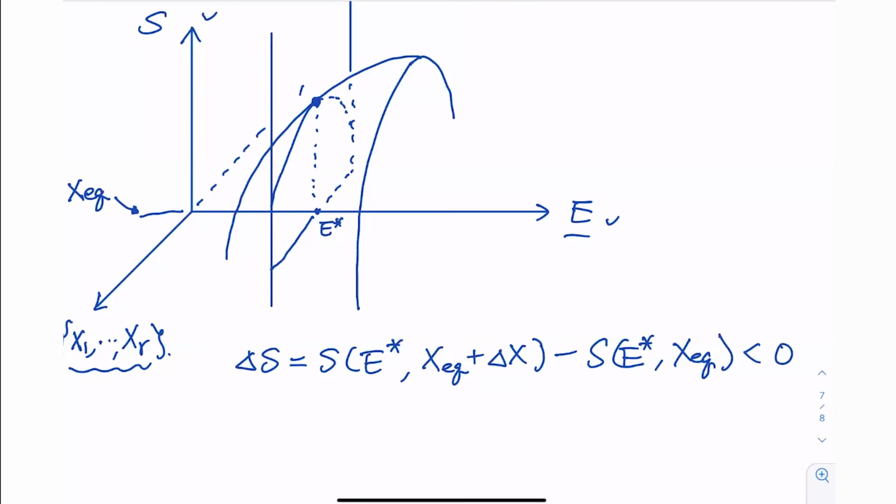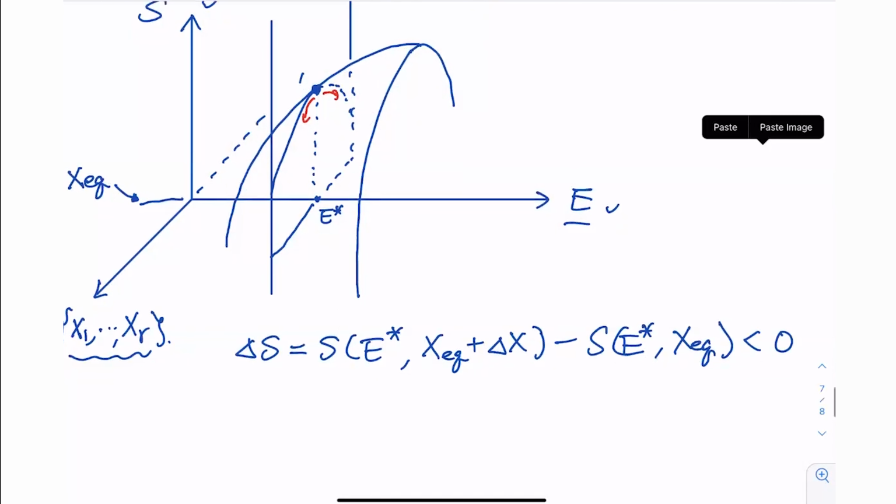If you move from this maximum value to somewhere else, the entropy will always get smaller. So that's spot 1, which corresponds to the variational principle for entropy: we want to maximize the value.